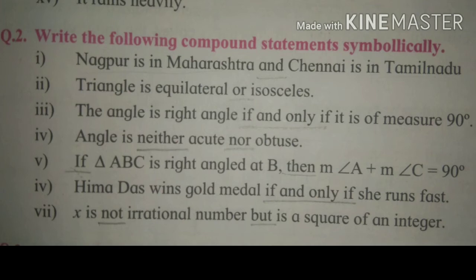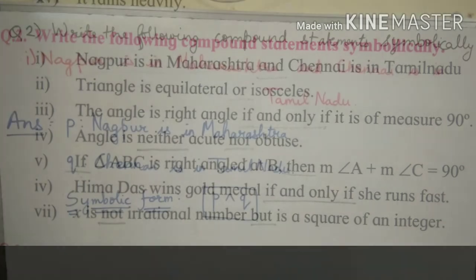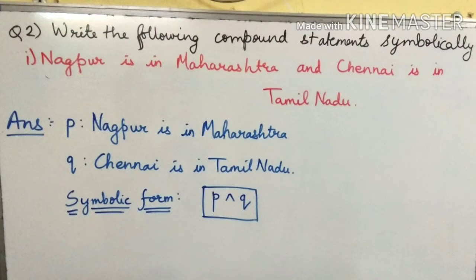First one is Nagpur is in Maharashtra and Chennai is in Tamil Nadu. The answer is consider P as Nagpur is in Maharashtra, Q as Chennai is in Tamil Nadu.